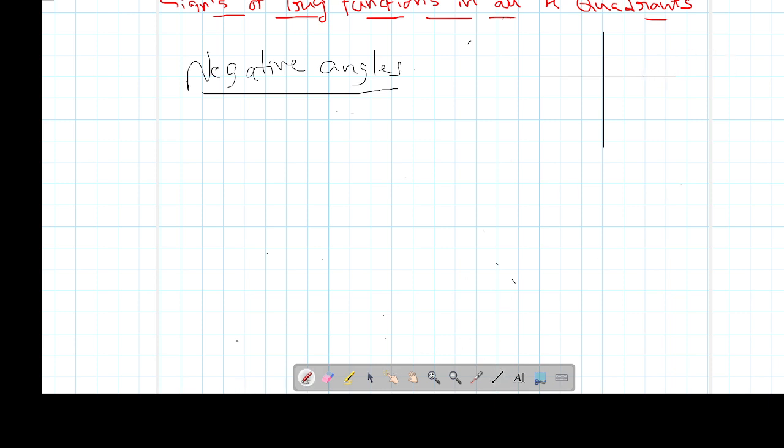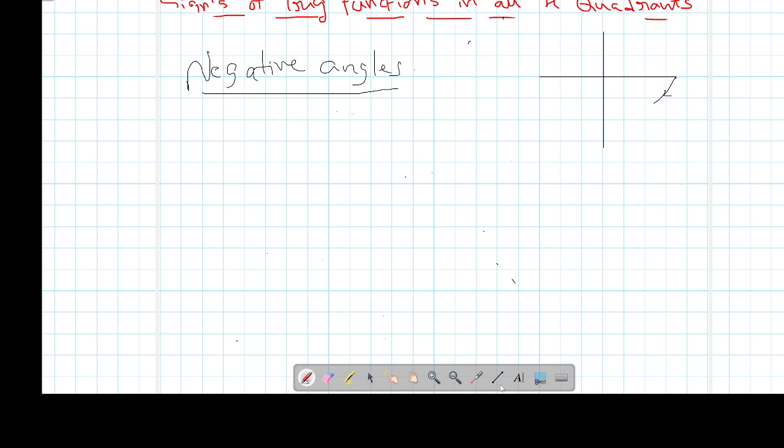If you calculate the angle in this direction, this is called anti-clockwise. This is a positive angle. If you calculate the angle in this direction, this is called a negative angle. Correct? So now let's see sine of minus theta, tan of minus theta, cot of minus theta. For that, you have to see what I am doing here. I am taking a clockwise direction for the negative angle.